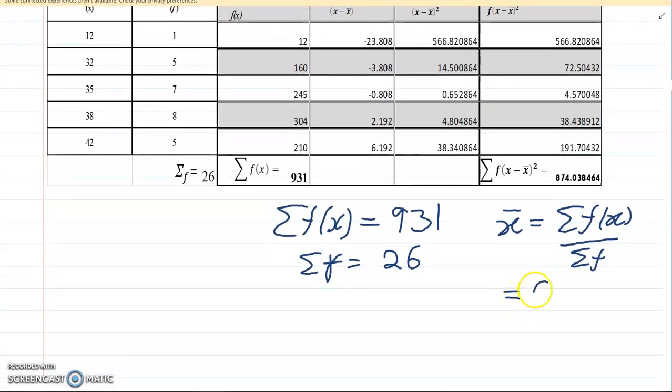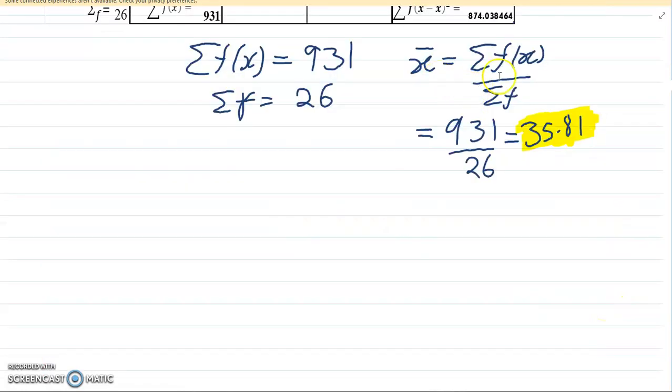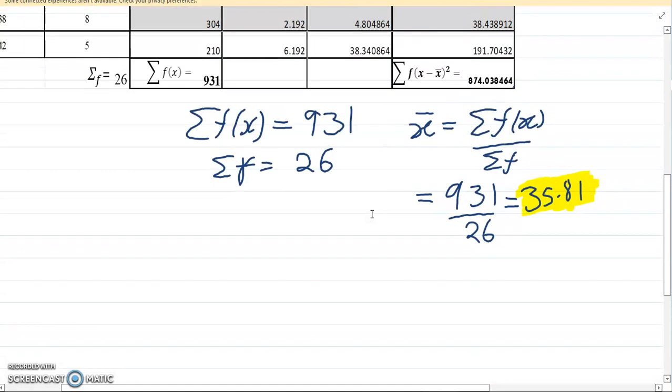So the mean is equal to sigma f x over sigma f, which is 931 divided by 26, which gives us 35.81 if we round off to 2 decimal places. So now this is how we have found the mean.